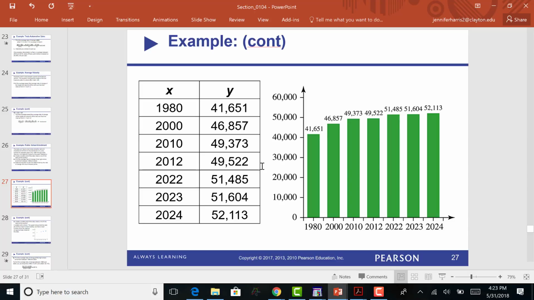Let me know when you got them typed in. What's wrong if you can't see anything on your screen? Okay, you gotta change your window this way and this way.